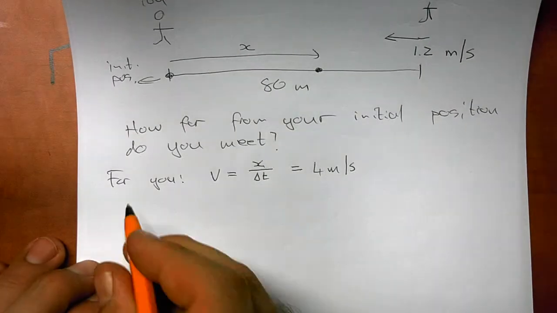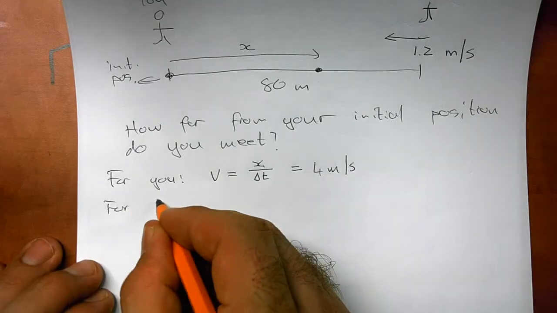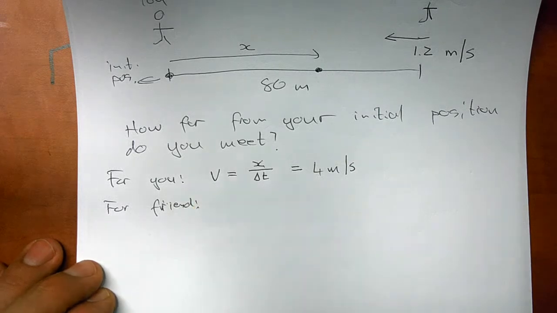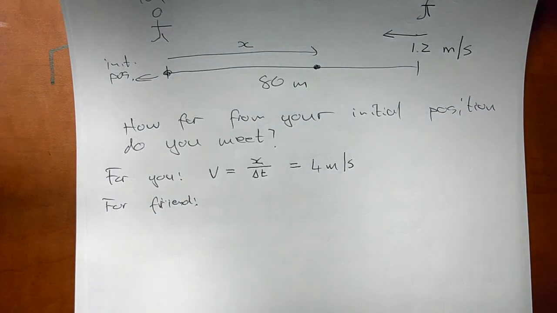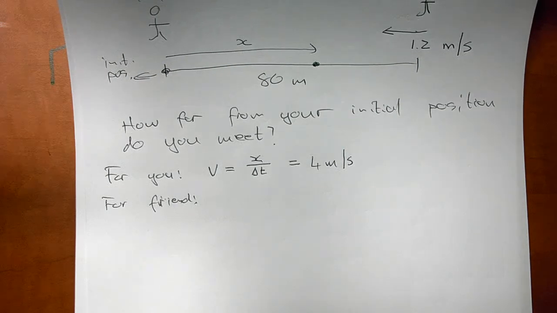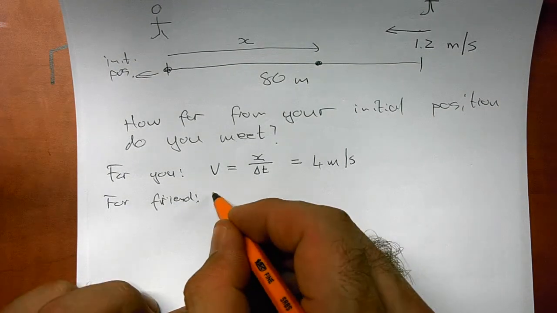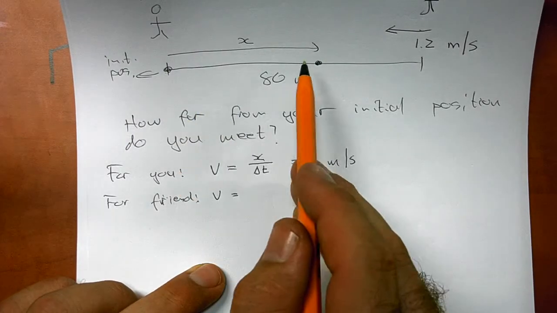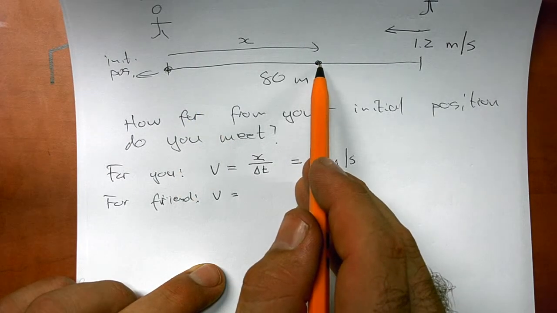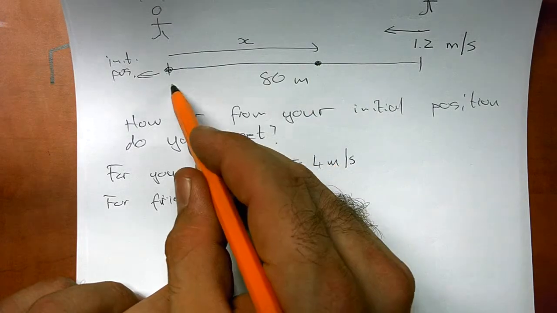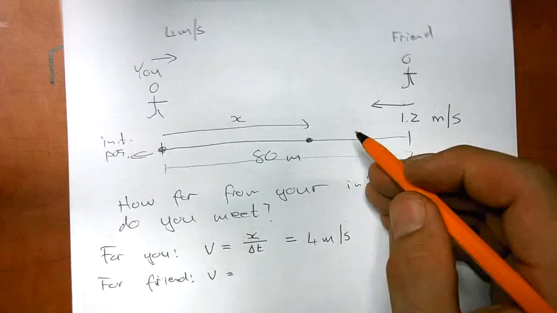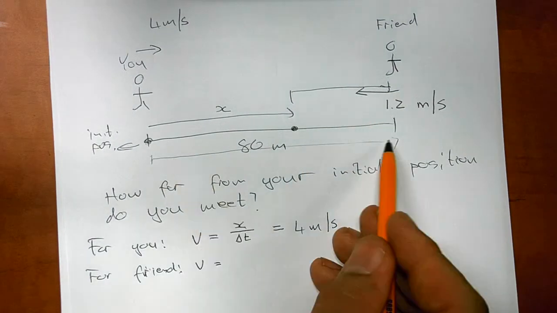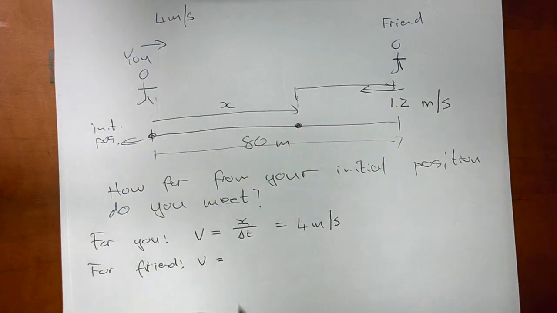If we write this down for your friend, we're only interested here in speed, so we're not going to bother with the fact that you and your friend are moving in opposite directions. So if you move an amount x meters, your friend will move the remaining distance, so 80 meters minus x.